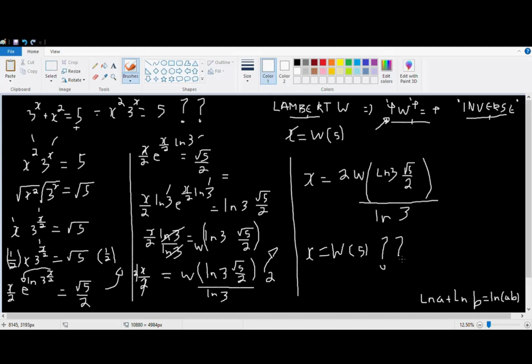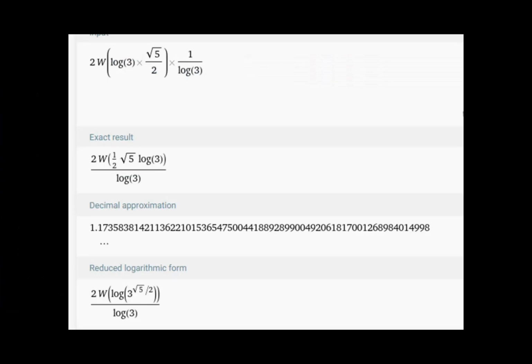Now we're just implying W of 5 equals our entire equation. Let's check our work. We used Wolfram, and the input is the same as our equation: 2 times W of square root of 5 over 2 times log 3, all over log 3.